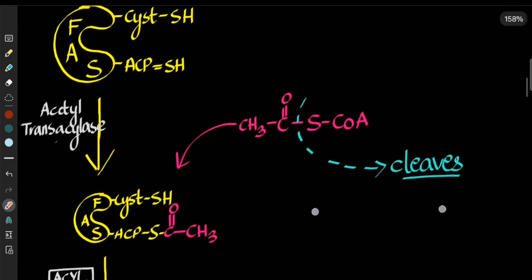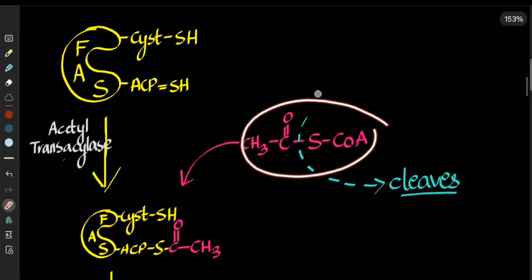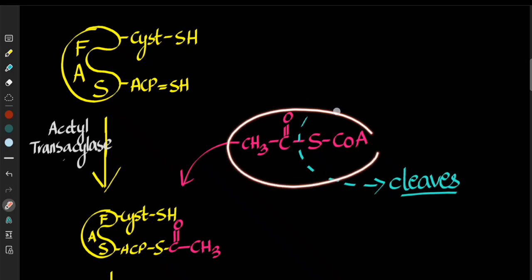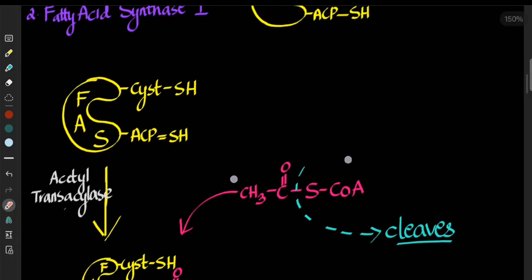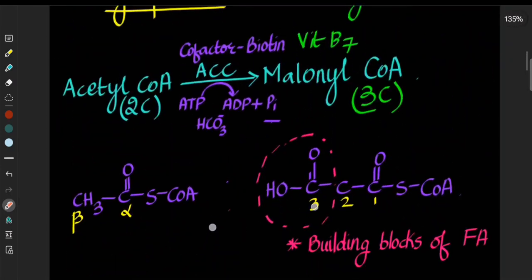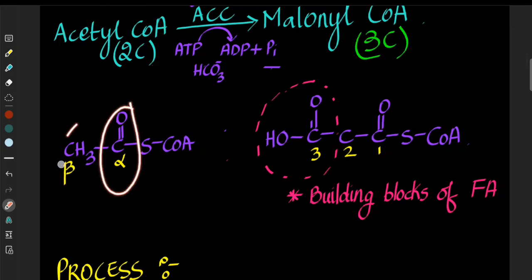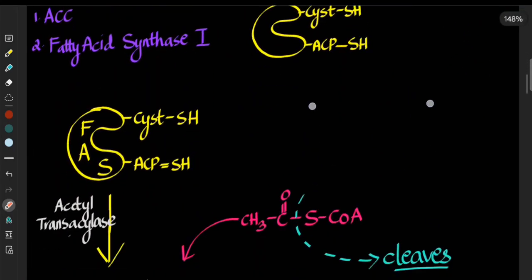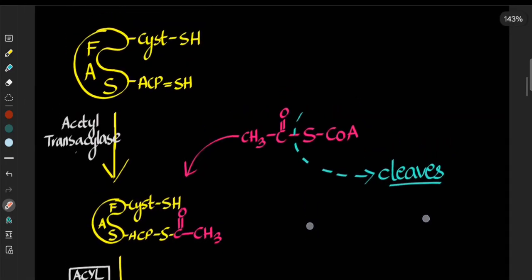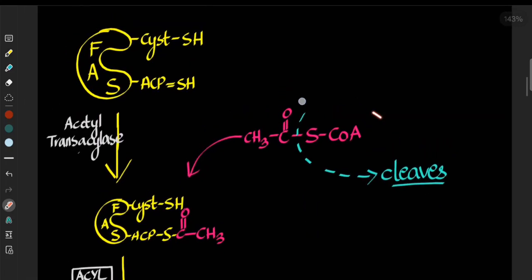So what exactly is this molecule? If you remember, I made this molecule above. This is the acetyl coenzyme A, because it has a ketone group, a methyl group, and a sulfur, and then a coenzyme A. And it is coming to this reaction.